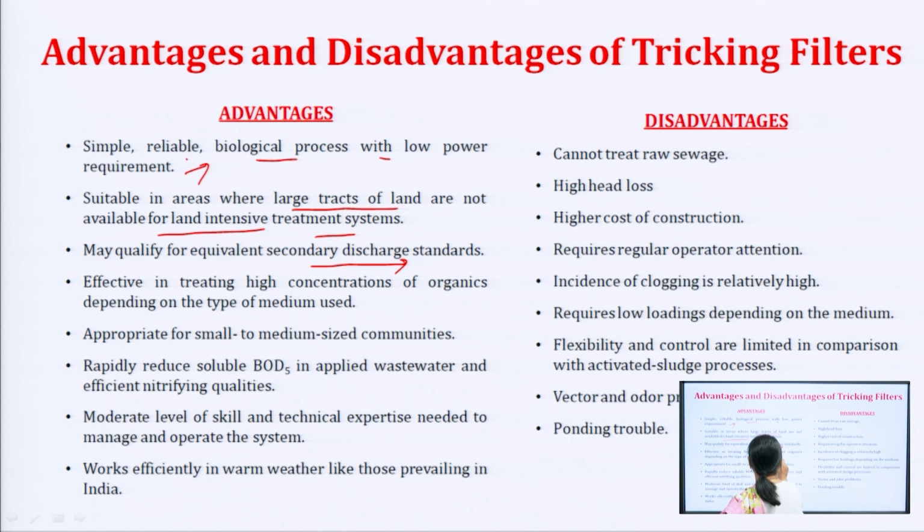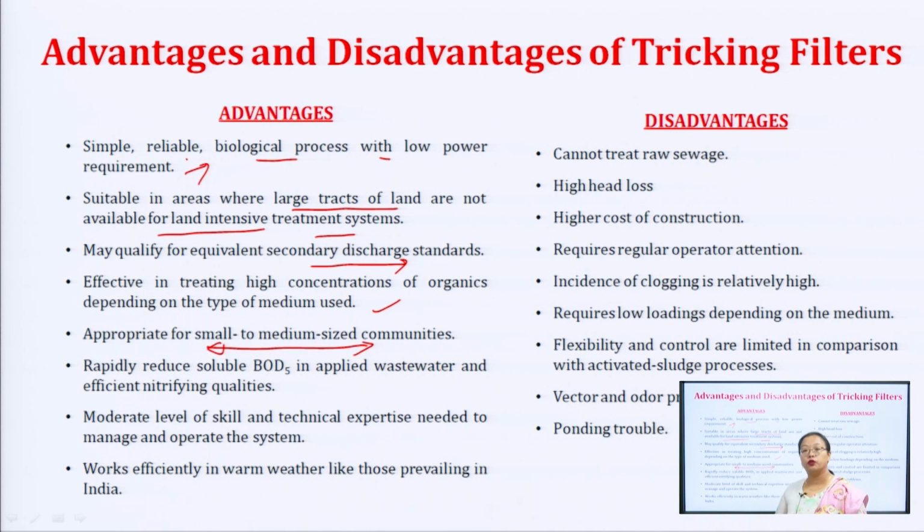Effective in treating high concentration of organics depending on the type of media, appropriate for small to medium sized communities, right. For small towns or maybe small cities also with comparatively lesser population, we may go for trickling filters, but for large cities we generally go for activated sludge or other more advanced treatment like UASB or something like that. Most of the time we go for activated sludge at this point of time, right.